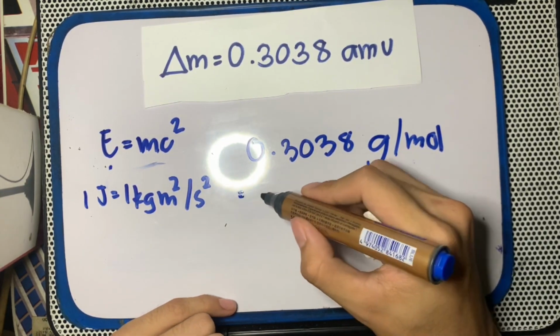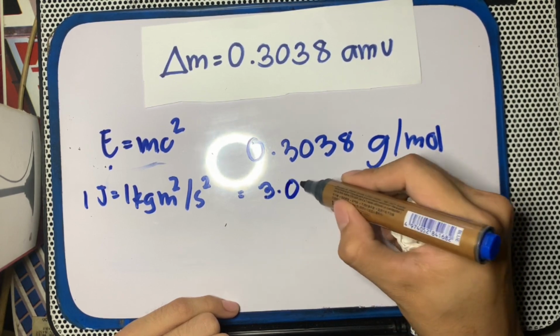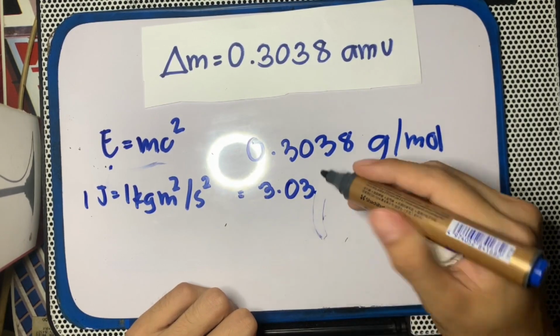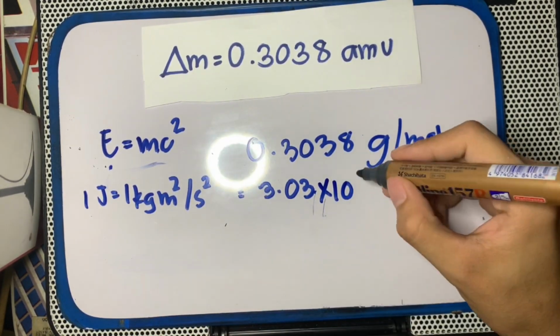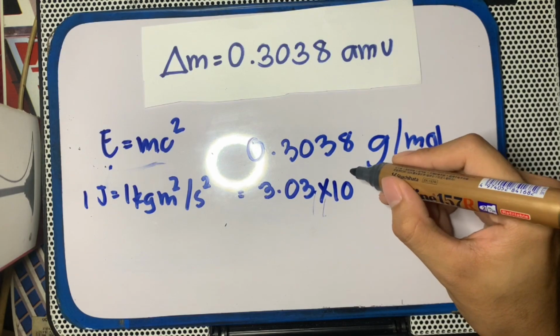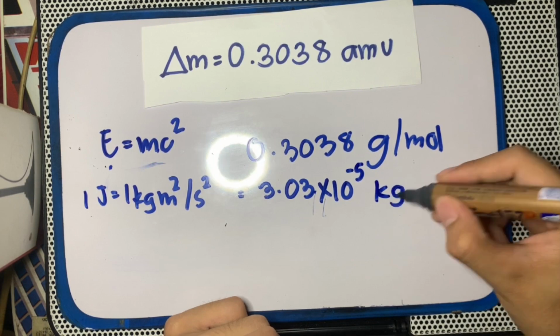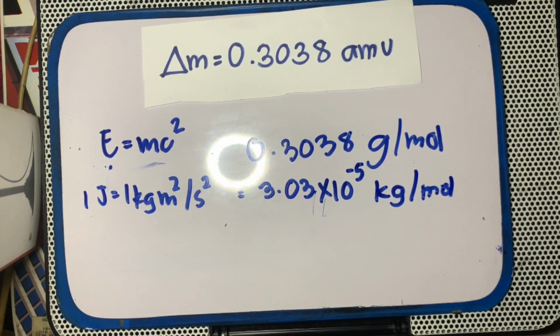Is equal to 3.03 times 10 raised to negative 5 kg.